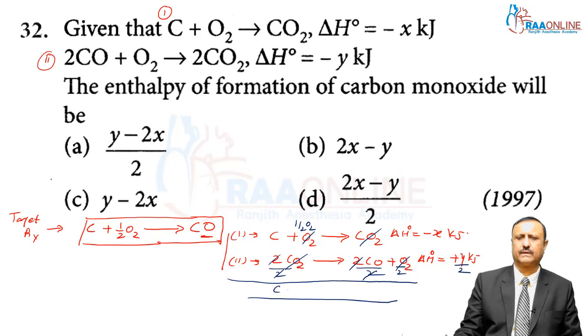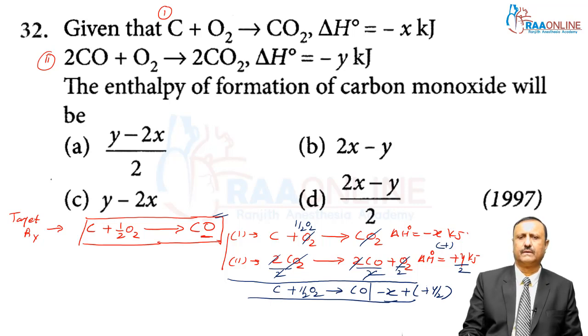So, my dear students, you get the target reaction C plus half O2 gives CO, and you can achieve this target reaction when the heat is minus X plus Y by 2, or you can say Y minus X by 2.